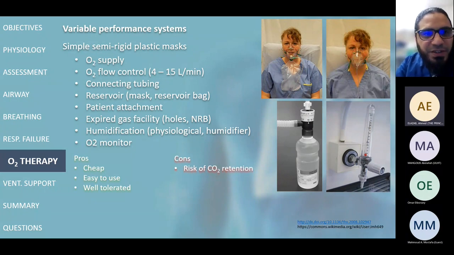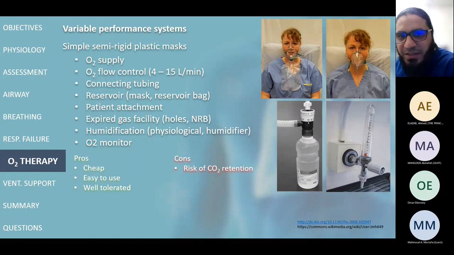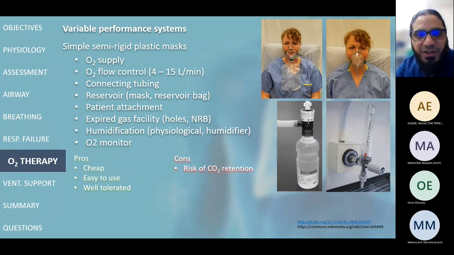Okay, the next device in the variable performance system is the simple face mask, and it's very similar to the nasal cannula. The difference is that you can use a higher flow rate with this device, up to 15 liters per minute, and it again has the whole components.